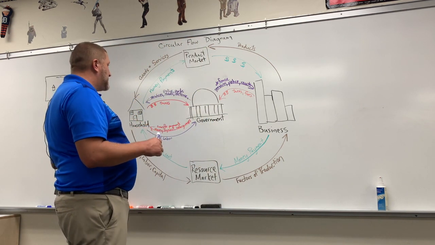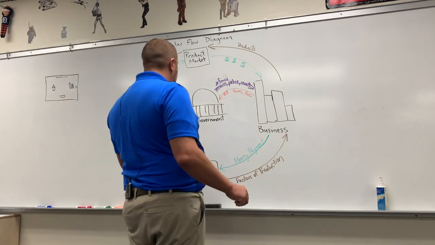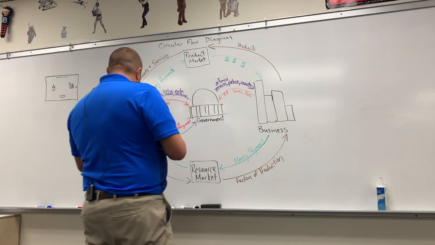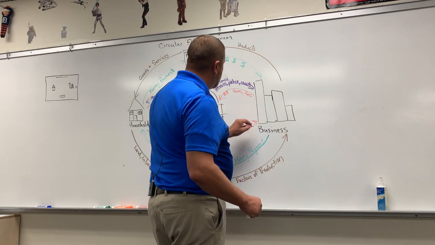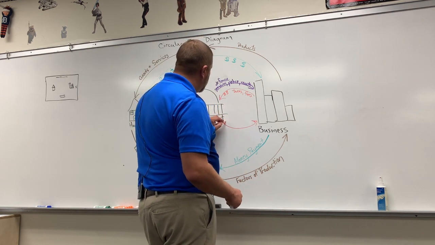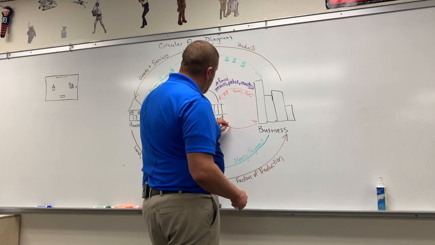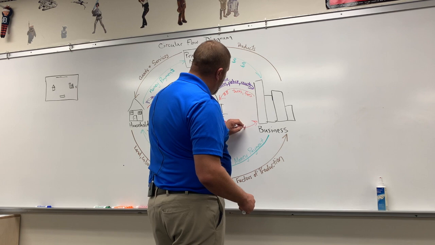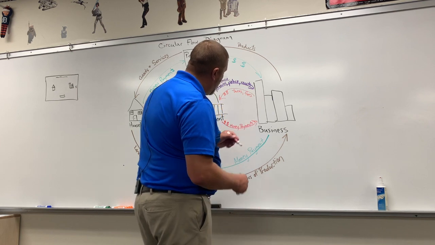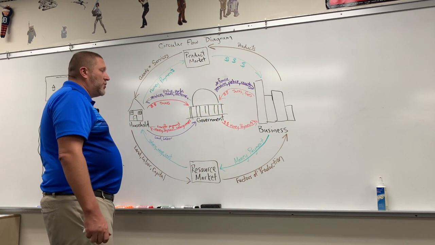And then at the same time, let's see here. Let's go with red. Government is going to provide businesses with money payments. What are they providing those money payments for?